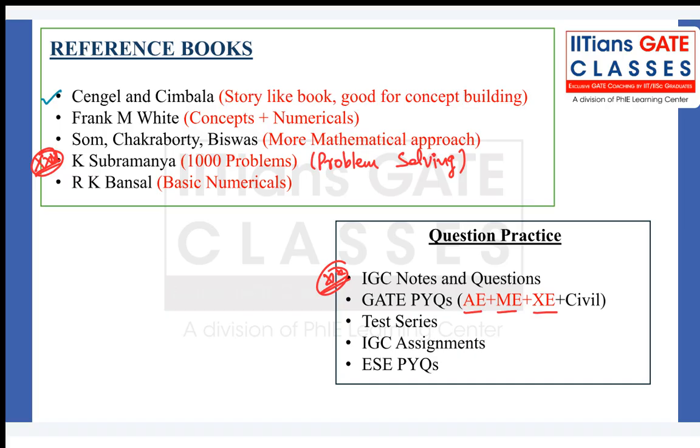Fluid mechanics is a subject in the syllabus of many different GATE papers. So aerospace, mechanical, and engineering sciences, all three you can cover. If you still have time remaining, you can go to civil previous year papers also. But I will not suggest that, because only these three will be enough for you: aerospace, mechanical, and XE, engineering sciences.